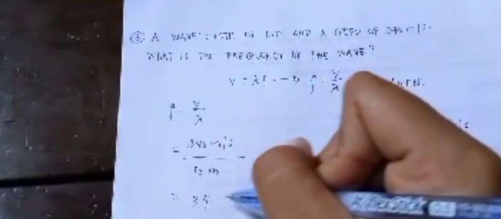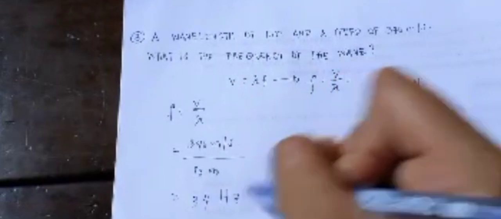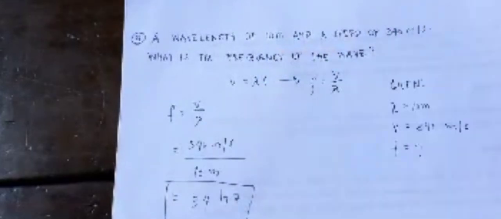The formula, wave speed is equal to wavelength times frequency. Manipulate it. We have frequency equals wave speed over wavelength. Substituting the given, we have 340 meter per second over 10 meters. Divide, we have 34. Since the unit of frequency is hertz, we have 34 hertz.